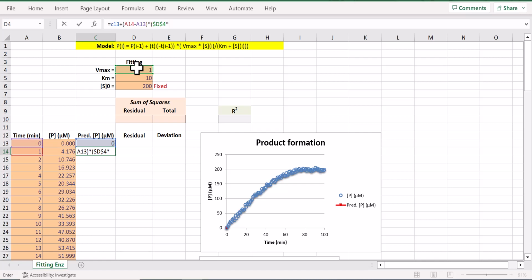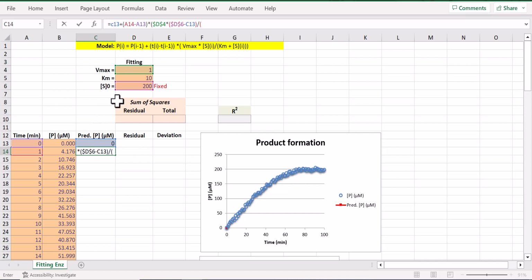Our substrate concentration is going to be given by the initial substrate concentration, D6, absolute, minus however much substrate has already been consumed. And that would be given by the amount of product formed up to the last time period. So minus C13. Divided by Km plus concentration of substrate.